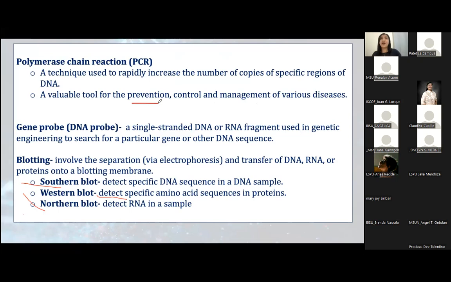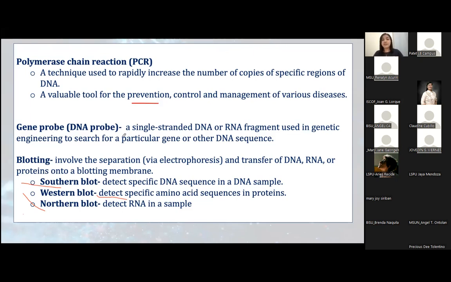Usually, in a shrimp farm, kasi di ba intensive culture sila, kumukuha lagi ng sample and then tinitest kung baka merong presence ng virus, viral DNA or viral RNA. So, tinitingnan. I-amplify. Ibig sabihin, kung merong na-amplify, merong presence ng virus. So, it is a valuable tool na ginagamit para malaman kung baka magkaroon ng outbreak ng disease.